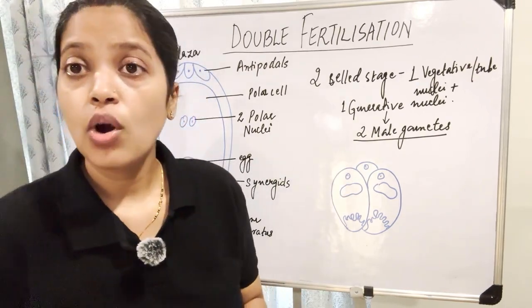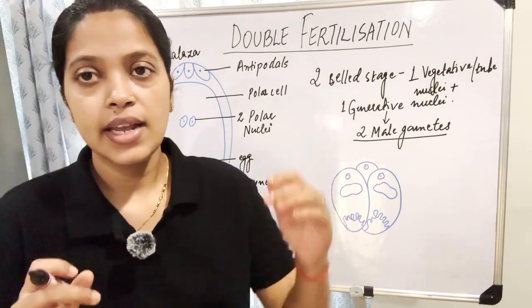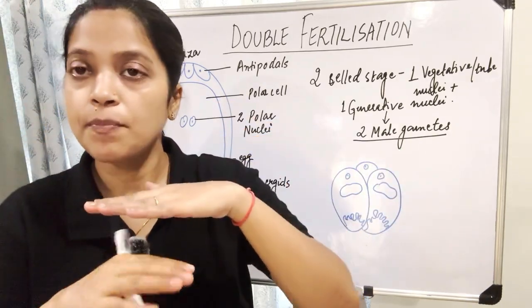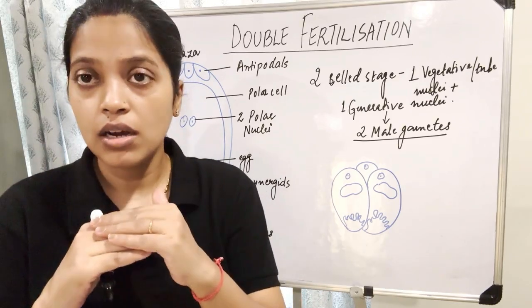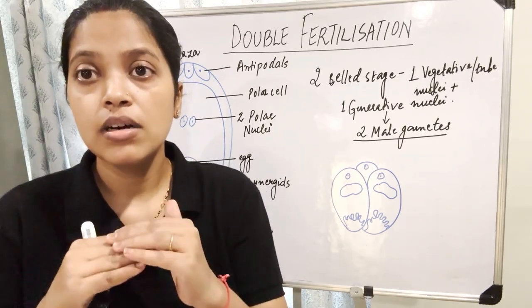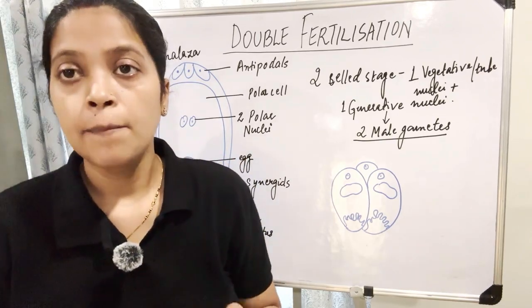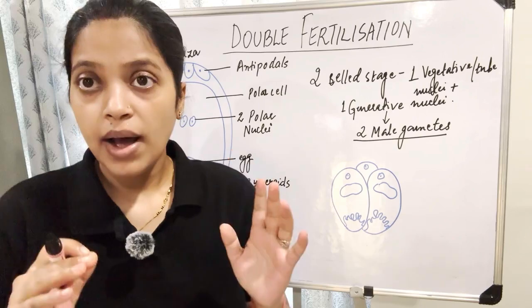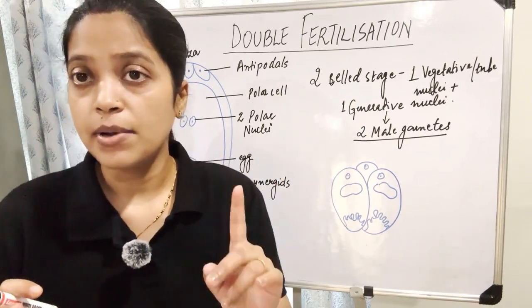Now let's recall what happened in pollen pistil interaction. The pollen grain landed onto the surface of the stigma. Then a recognition mechanism occurred to find out whether the stigma has to accept or reject the pollen grain, by identifying whether it is a compatible or an incompatible pollen.